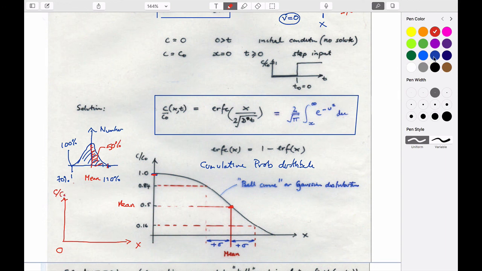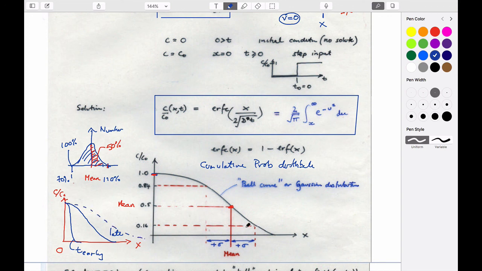So if you looked at this curve at early time and imagine compressing this, then the distribution will look something like this, T early. And if you look at a later time, it'll look like this. If you look at it very late, it will look like this.